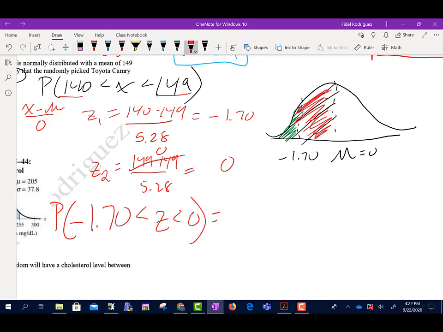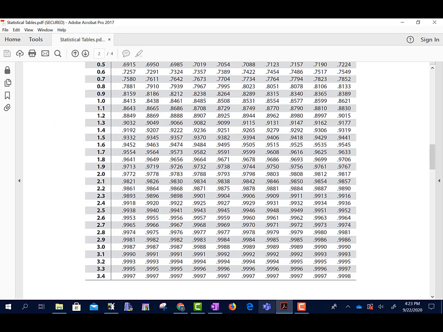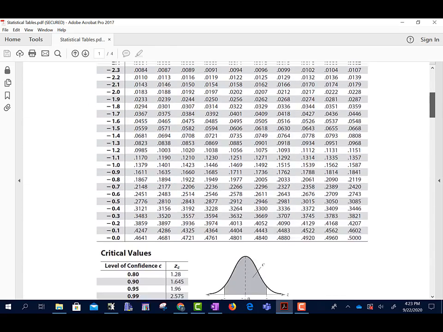But you know what? If the area under the entire curve is going to be equal to 1, right? Area under the curve is equal to 1, then wouldn't the area here to the left be 0.5, right? So if I just find the area to the left here, then whatever number that is, I can subtract it from 0.5. So let me come back to my chart. We're going to look for a negative 1.70.